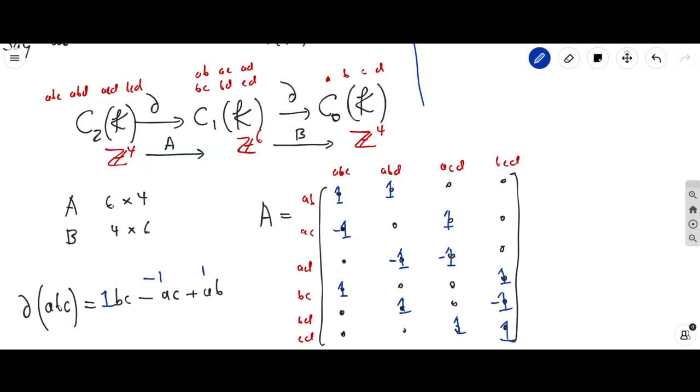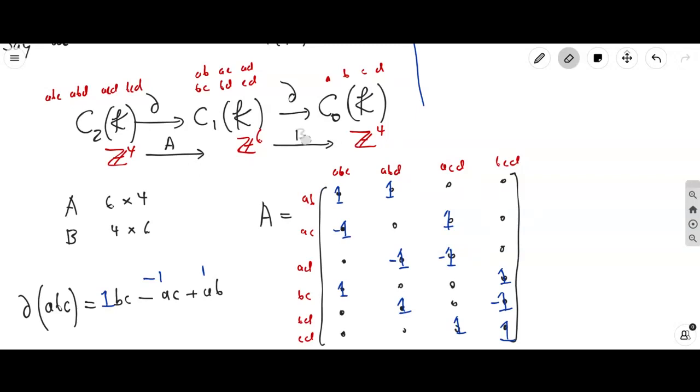And the rest of the remaining numbers are going to be 0. So this is basically what you've created. You have a map from Z to the 4 to Z to the 6, and the linear map is represented by a matrix, which is all of this.